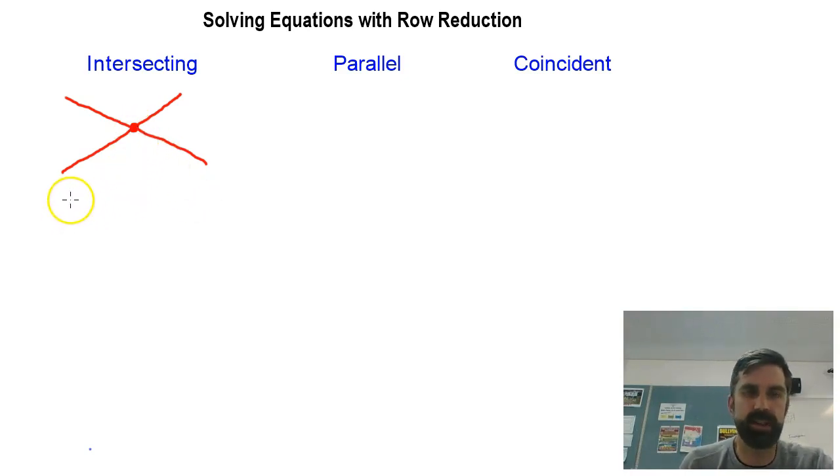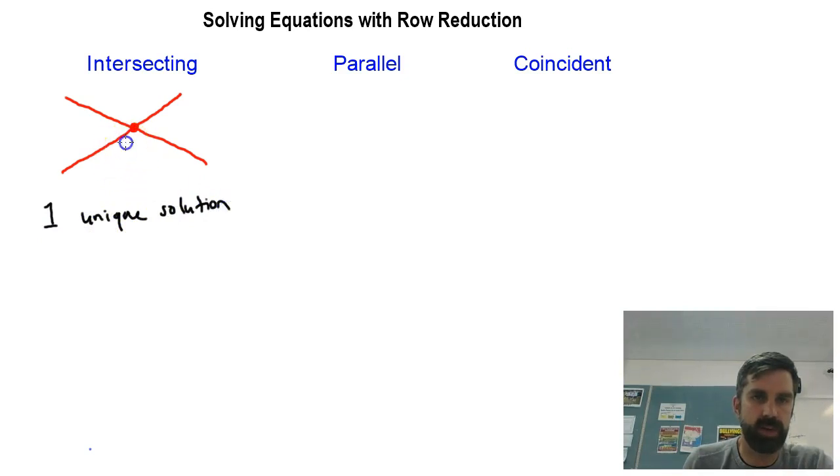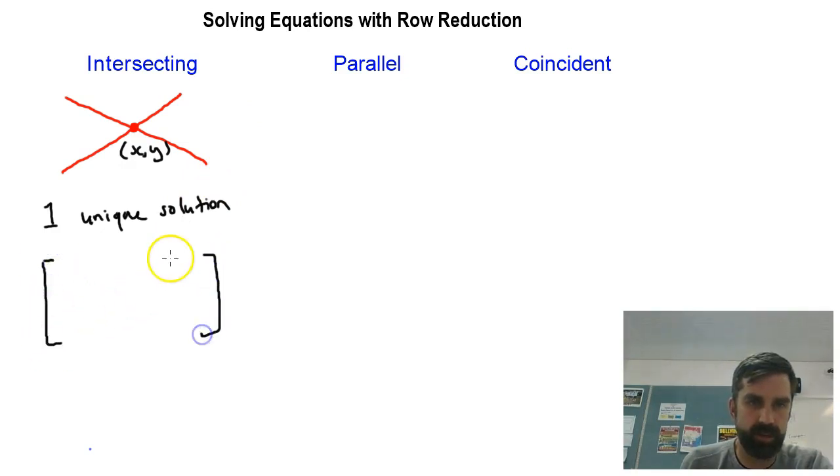In terms of finding the points of intersection, it means that there'll be one unique solution, one pair of x, y coordinates where the 2 lines meet. So when you're doing your row reduction, what you'll get is basically what you just saw in the example.